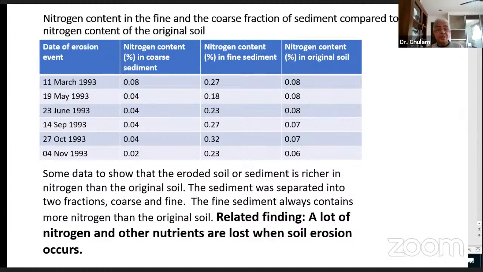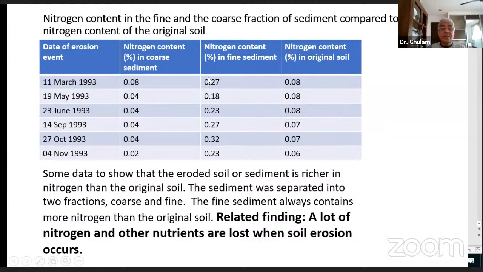As shown here, you can see that in this column, the nitrogen content in coarse sediment is quite low, 0.04 and 0.08. Whereas in the fine sediment or the suspended load, the nitrogen is much higher, 0.27, 0.23, and so forth, even 0.32.